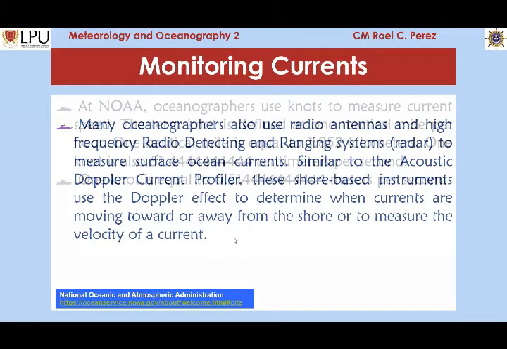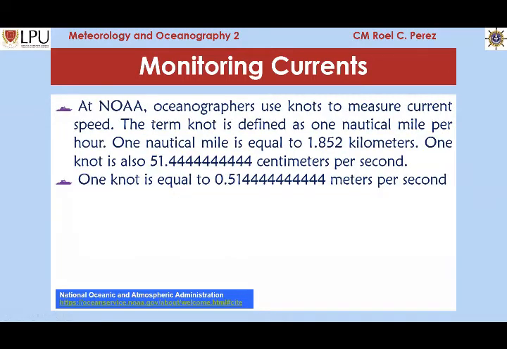Okay, so at NOAA, or the National Oceanic and Atmospheric Administration in the US, oceanographers use knots to measure current speed. The term knot is defined as 1 nautical mile per hour.